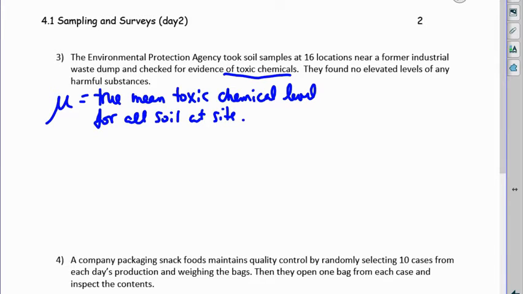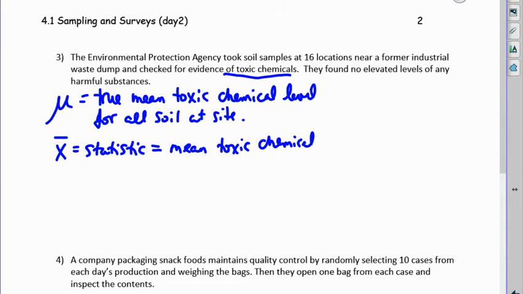But we're going out there and we're getting the mean. Our statistic is going to be the mean toxic chemical level at 16 locations.